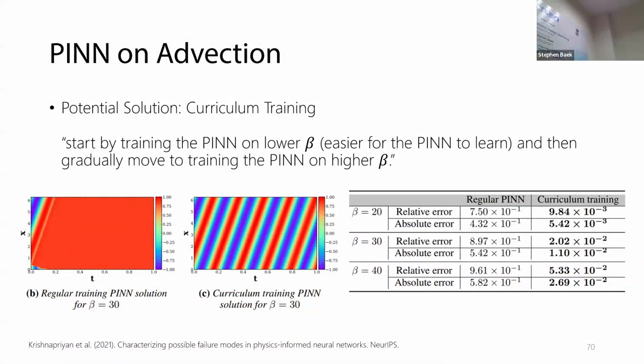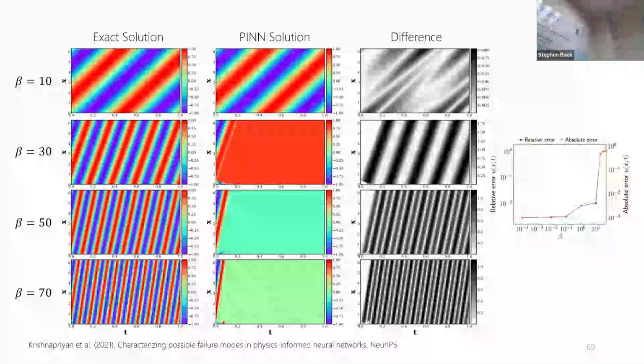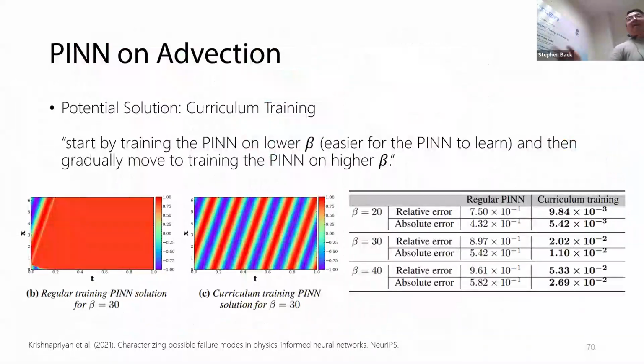In practice, what this really means is, as we saw in the previous slide, when beta equals 10, it does a fairly good job, right? So what you can do is start with beta equals 10 and pre-train the neural network with beta equals 10. And then you increase beta by a little bit. So let's say instead of 10, now beta equals 15.